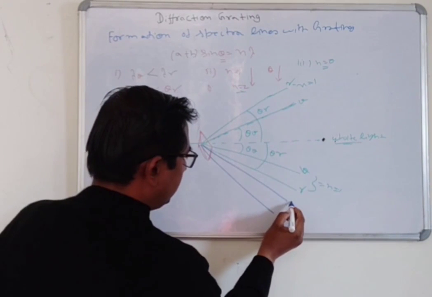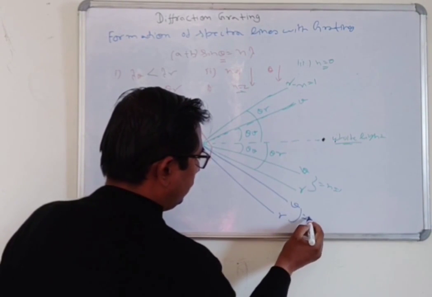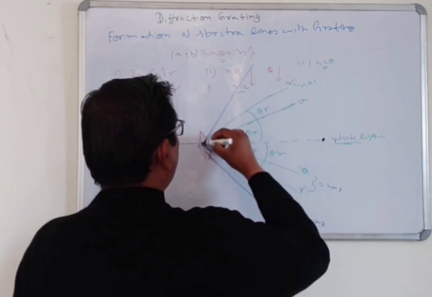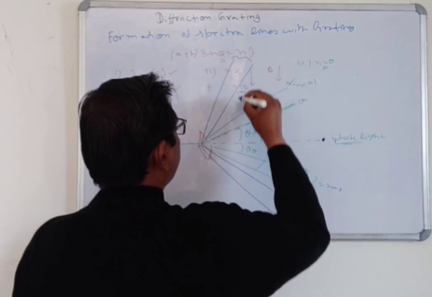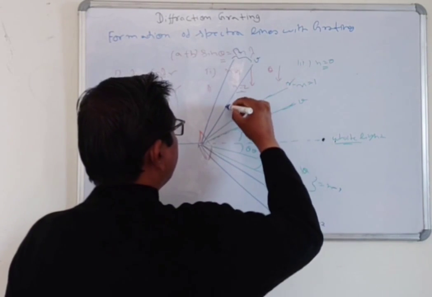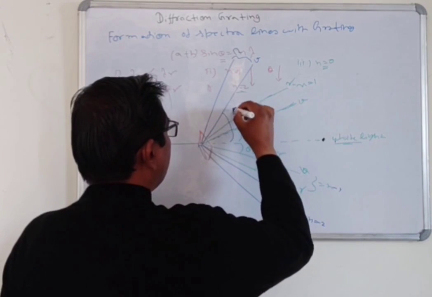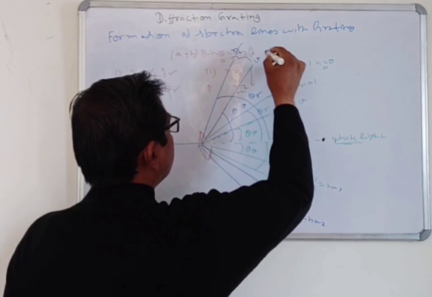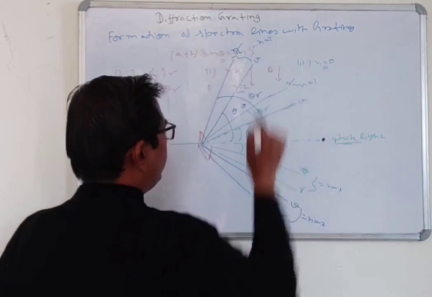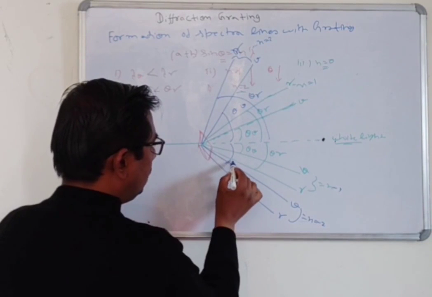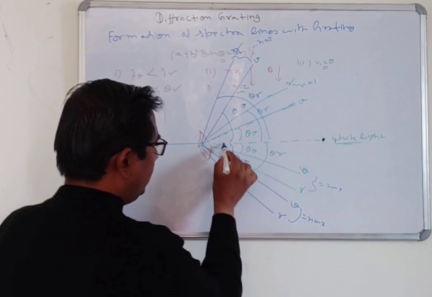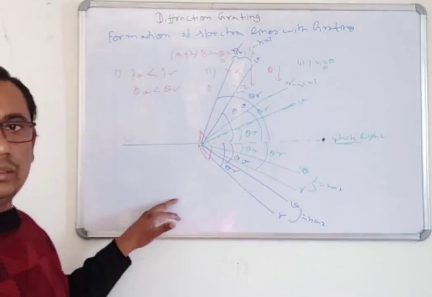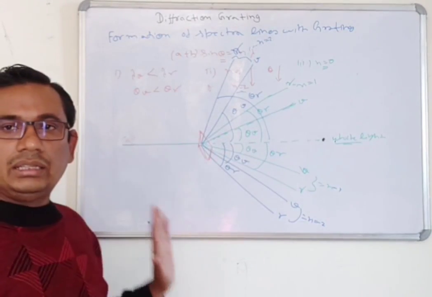Here you will get violet and red, and n is equal to -2, -1. Here V and R, this will be the angle theta V. This is the angle theta R, n is equal to 2. Here also are theta V and theta R, n is equal to -1. Here you can see this is the spectrum in a grating.